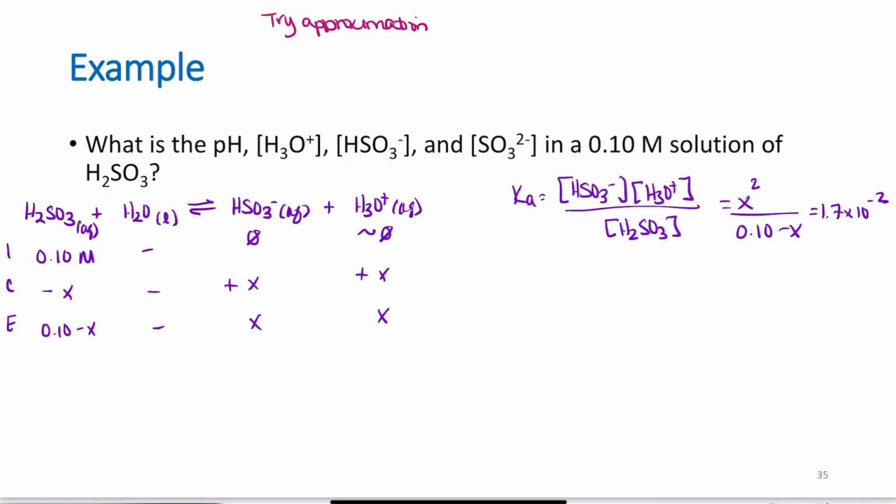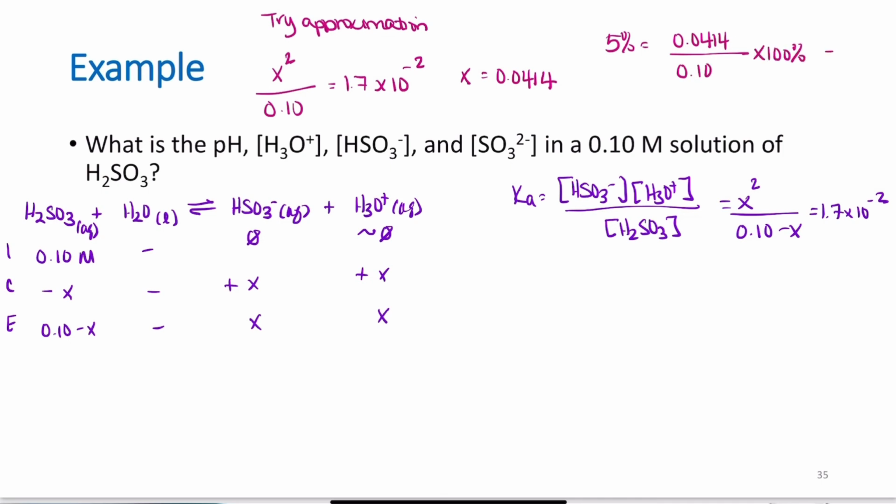If we try the approximation, x squared over 0.10 equals 1.7 times 10 to the minus 2. X would be equal to 0.0414. And when I check that by the 5% rule, 0.0414 divided by 0.10 times 100%, I find it to be 41%. So I cannot use my approximation.